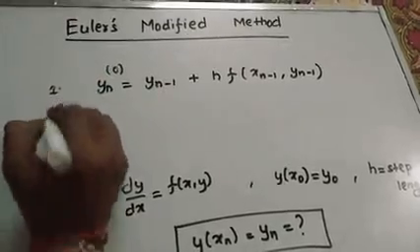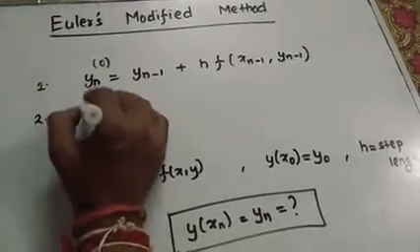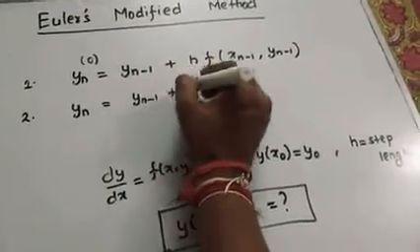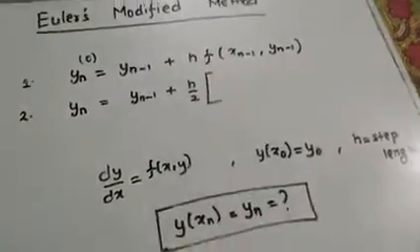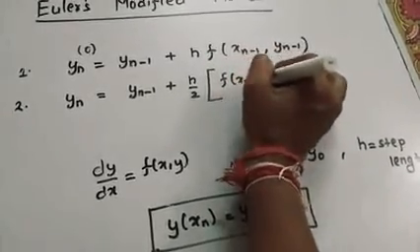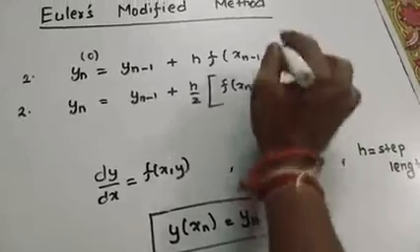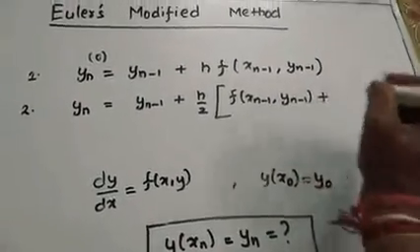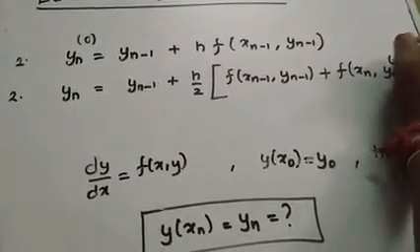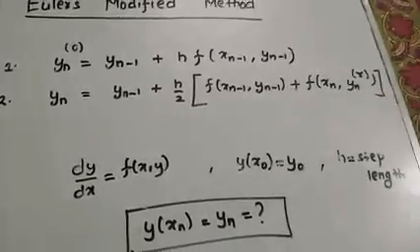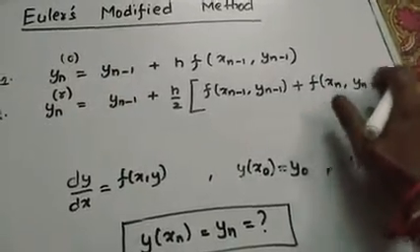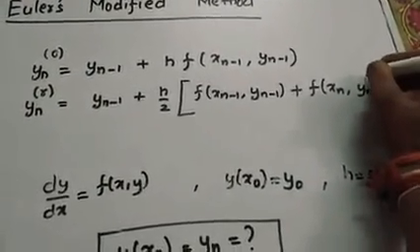Then the next thing is that we have to find yn using the formula h by 2 into f of xn minus 1 comma yn minus 1, the same term, plus, now see the last term, very important, f of xn comma yn to the power r minus 1.